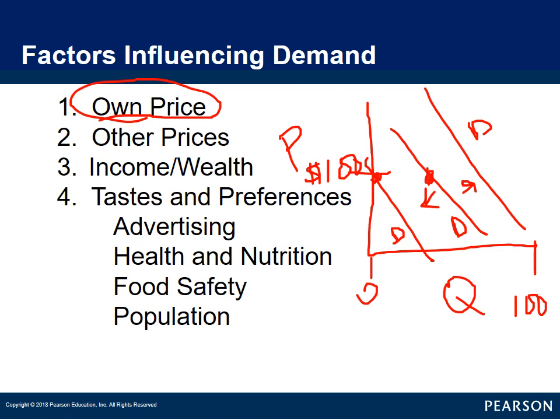So that can cause that to change. If income or wealth changes, if people start to make more money, they may end up buying more of a particular item, say shoes or cars or something like that.